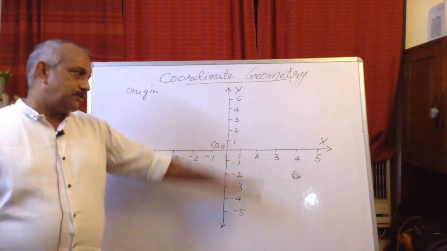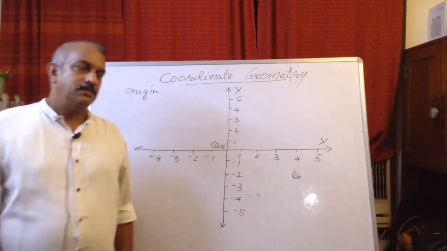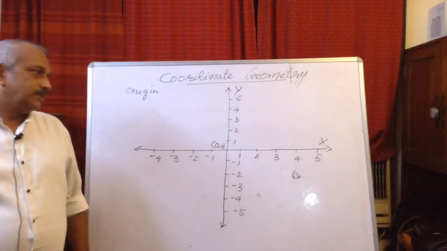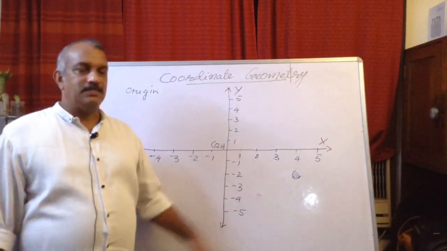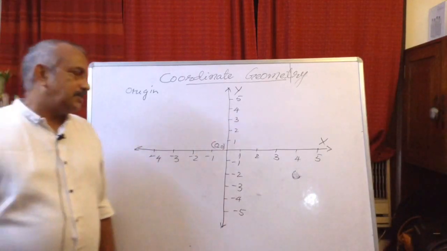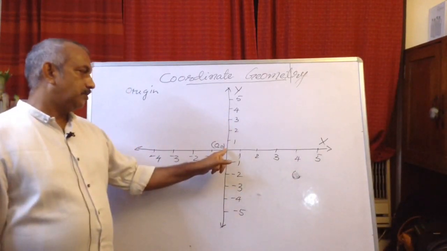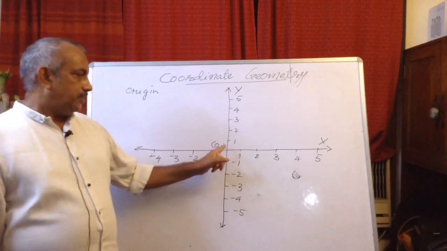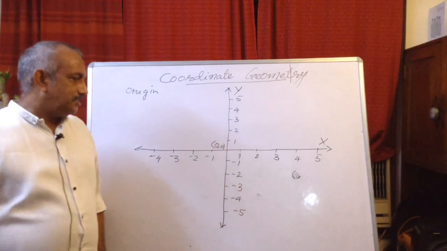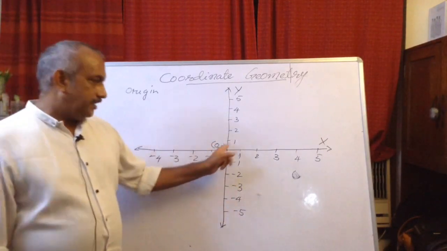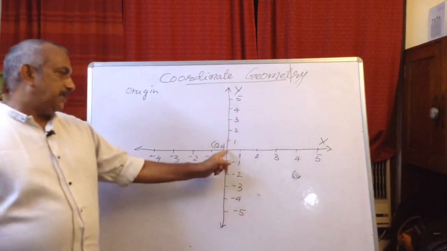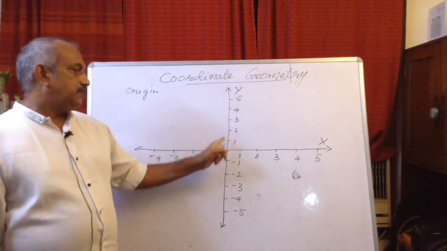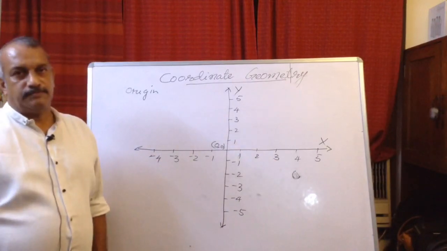The one drawn parallel is called the x-axis and the one drawn perpendicular is called the y-axis. Second point, wherever the two lines intersect is given a special name, it is called the origin. This point is called the origin. Then the point where the two lines intersect is taken as 0, and the right side of 0 has positive numbers, the left side of 0 negative numbers, above 0 positive numbers and below 0 negative numbers.